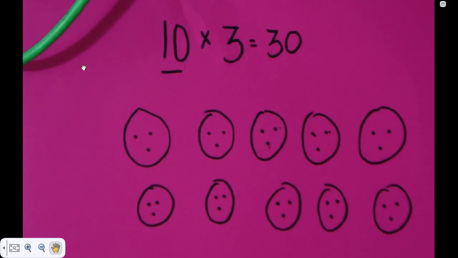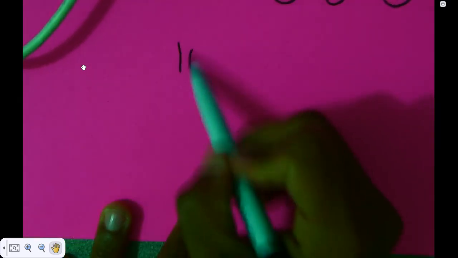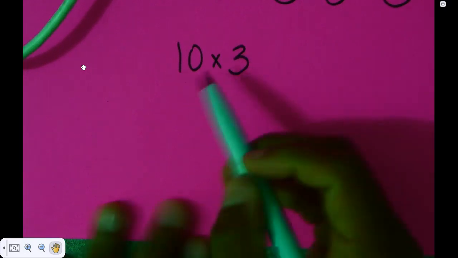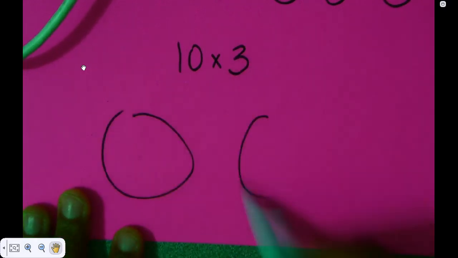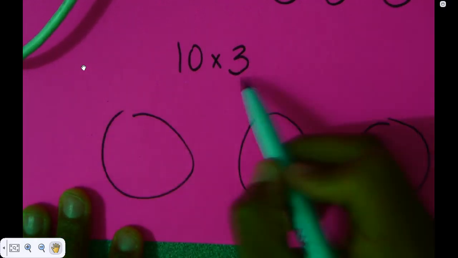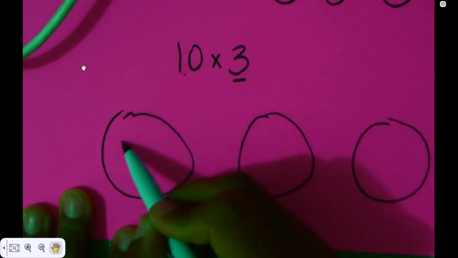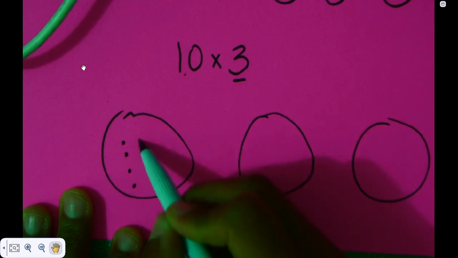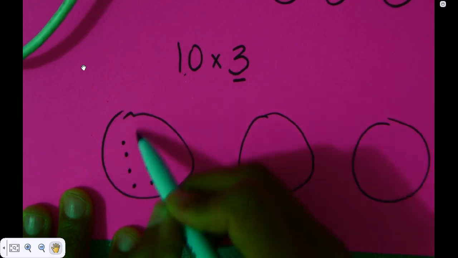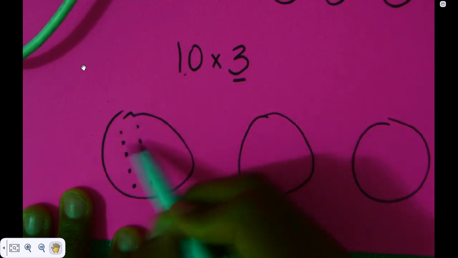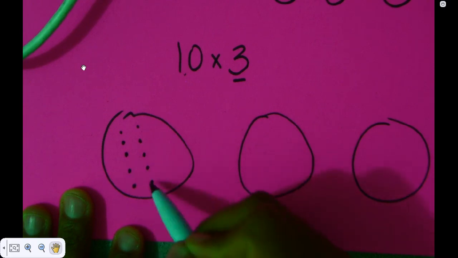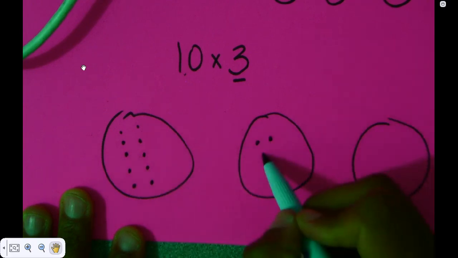Or like we said, we could have flipped it and done 3 groups. So let's try that. So this was the first strategy. If I want to do 10 times 3, I could have also done 3 groups. And since I started with 3, I know I need to put 10 into each group. 1, 2, 3, 4, 5, 6, 7, 8, 9, 10.